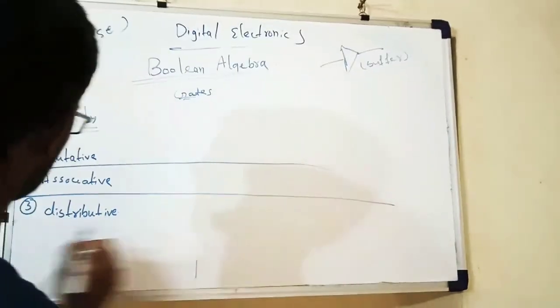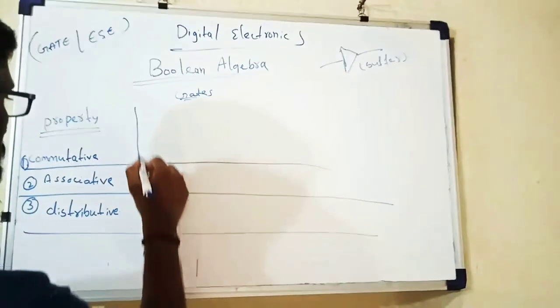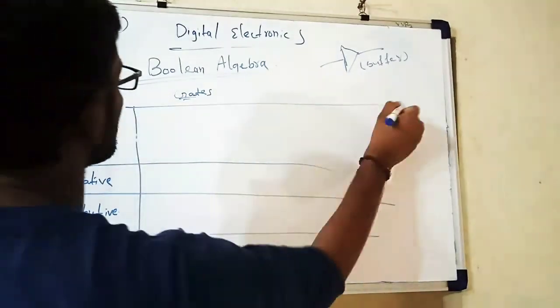The second one is associative. The third one is distributive. And these are the gates.